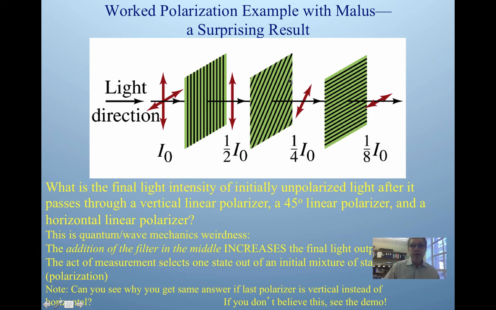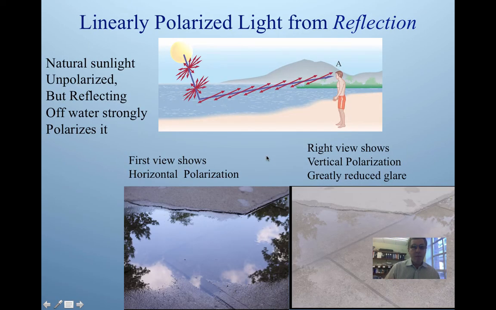If you don't believe this, I must admit, when I first saw this, I could hardly believe it myself. So you have to see the demo where we actually take three filters, line them up like this, and see what happens when I pull the middle filter in or out, and by golly, it does work. That is so weird and so amazing.